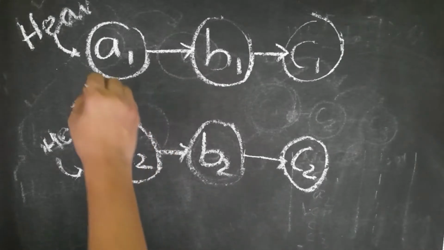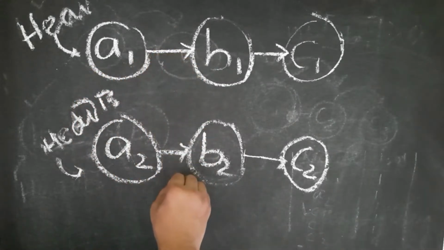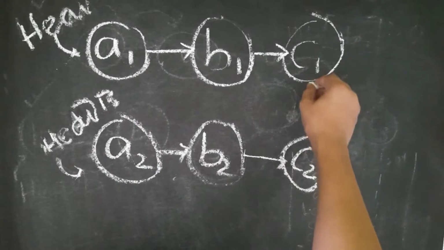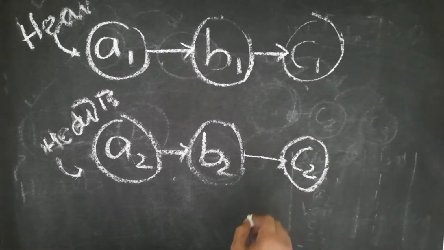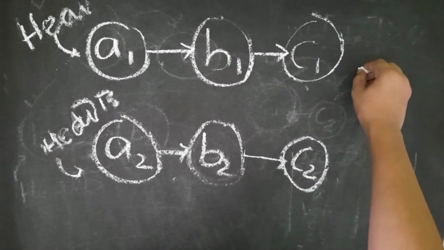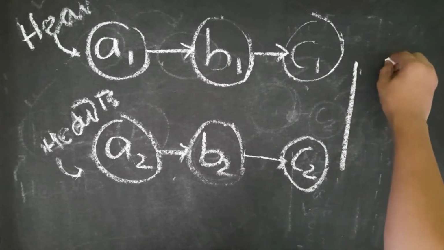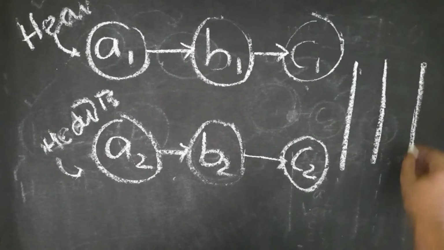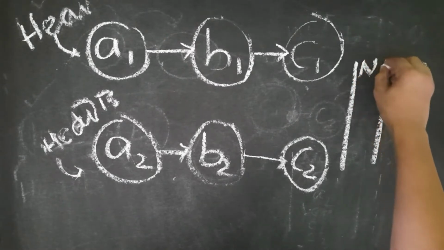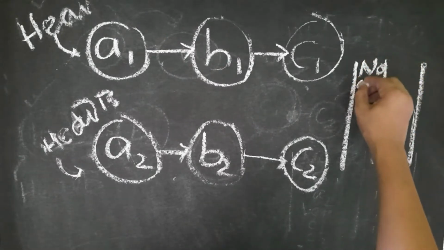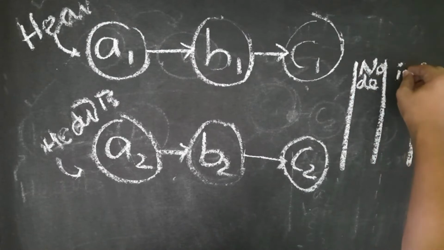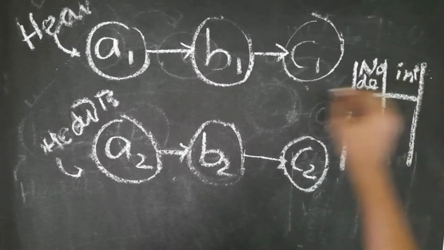And what if we are given two singly linked lists like this which are not intersecting at any point? What are we going to do in this case? Let's see. We are going to store in the map, on one side the node and on the other side the integer.